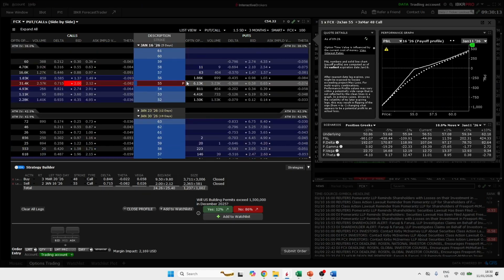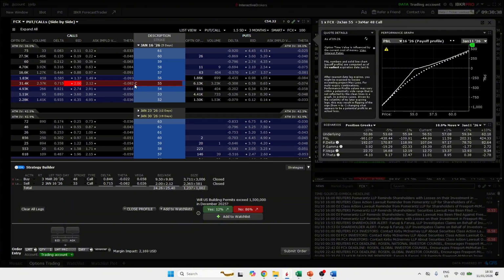Why? Well, my short calls are essentially capping the max profit that I can have, right? So if I have a 55, it means anything above 55, I'm not earning that. But now if I roll a 55 to 57, I'm unlocking $2 in profit. So if I have 2 contracts, 100 shares per contract, in total I'm unlocking $400 in profit.